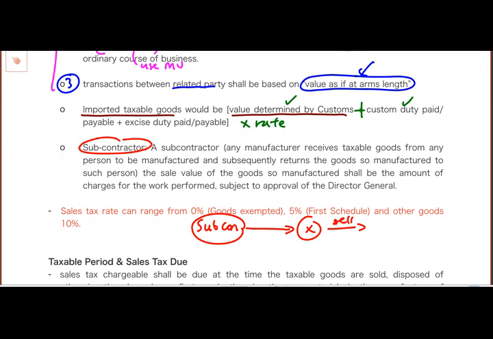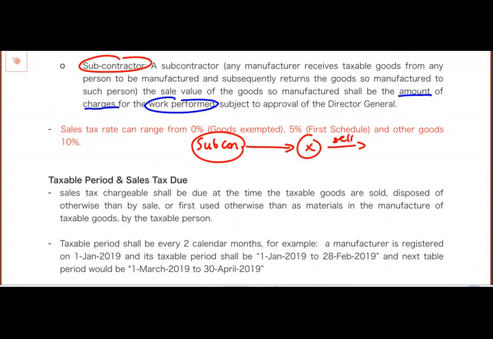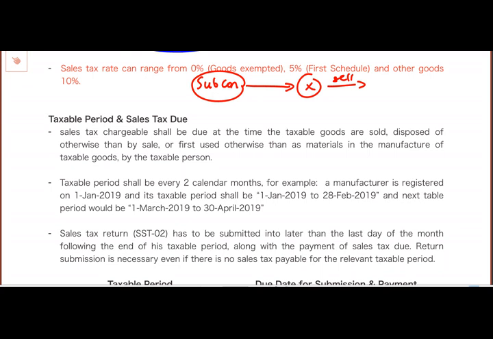So they will do part of the work and send it back to you. For a subcontractor, the value is based on the amount that they charge for the work that they perform. So it's basically the selling price. Okay, now let's come down and look at the issue of taxable period.